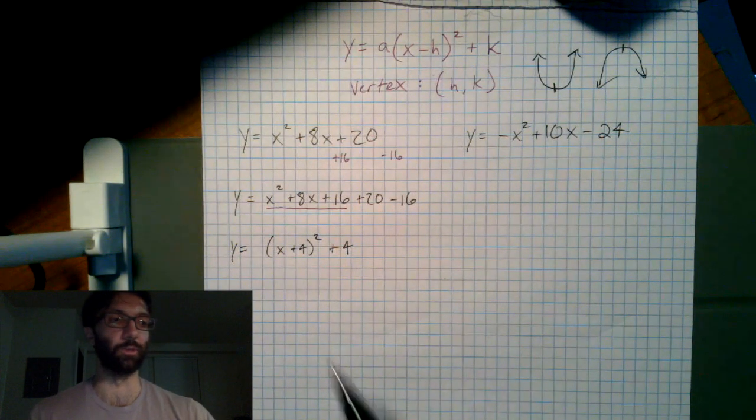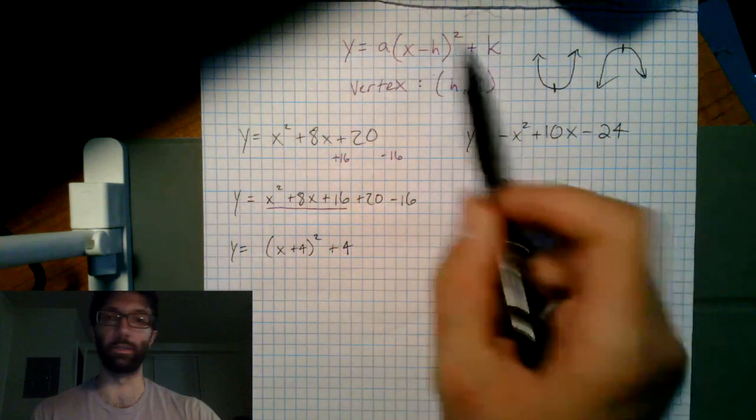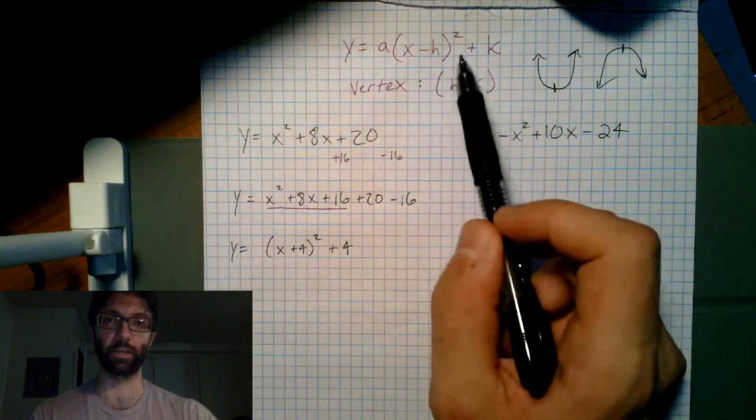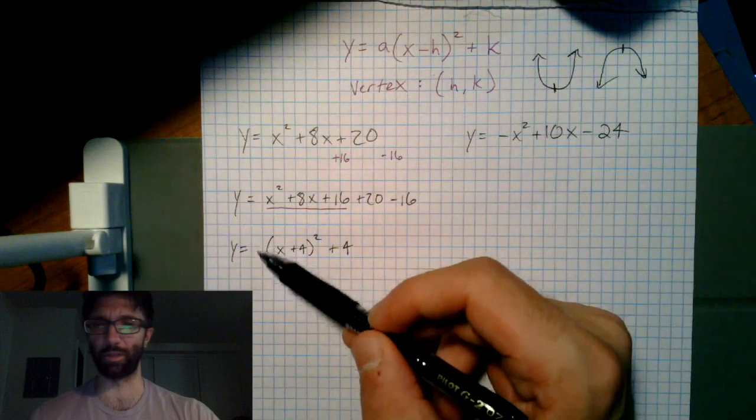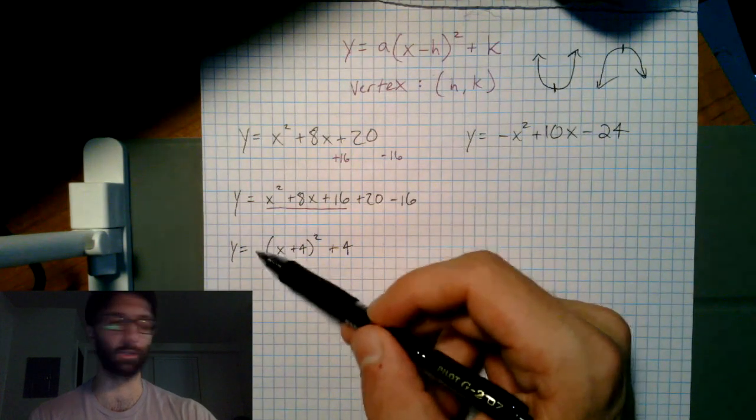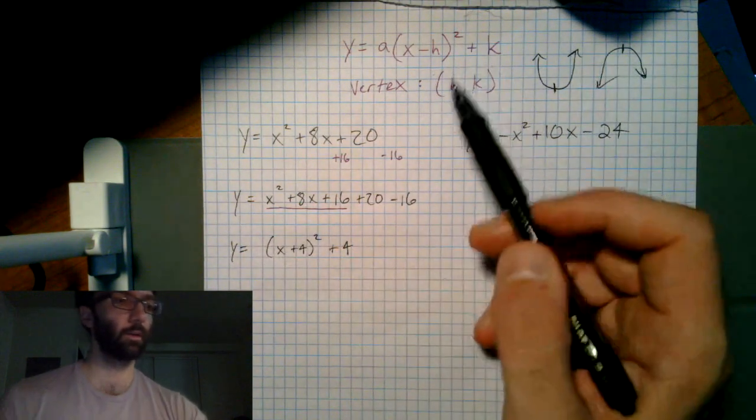All right, and now as you can see, this is matching the vertex form. So in this case, a is just 1. There's nothing out here, at least that we can see, so that's just a positive 1.